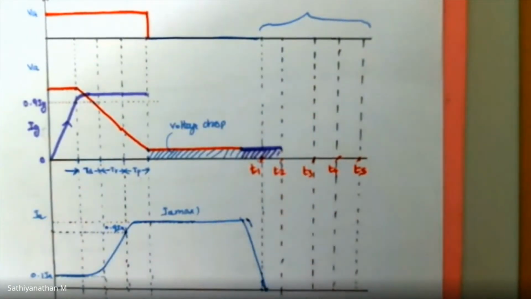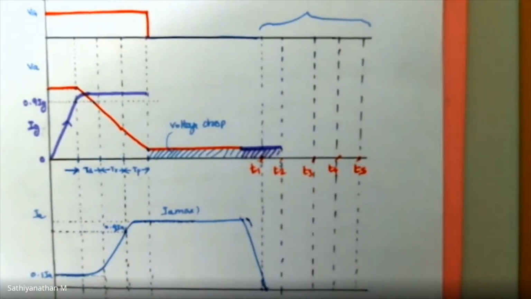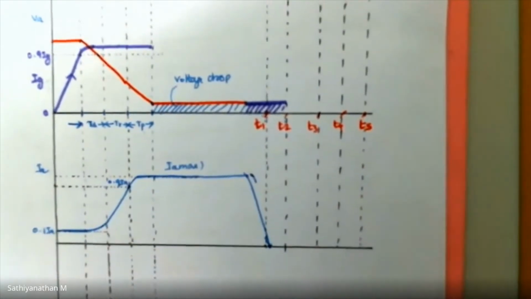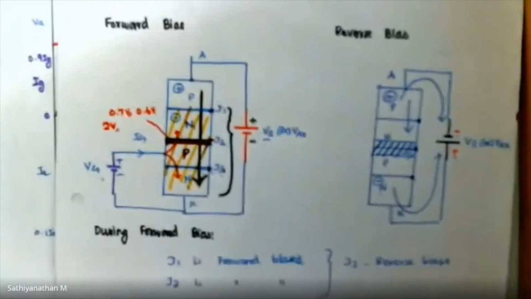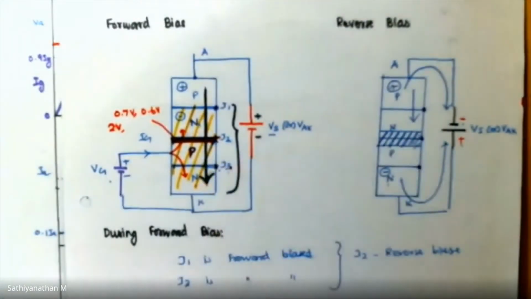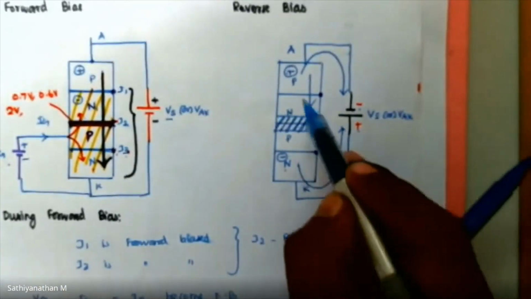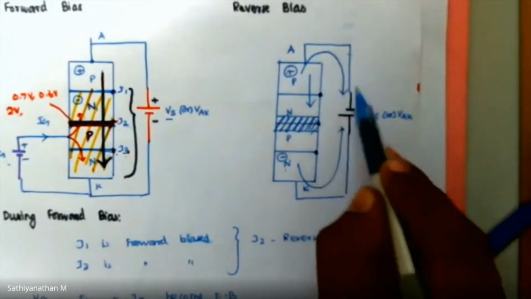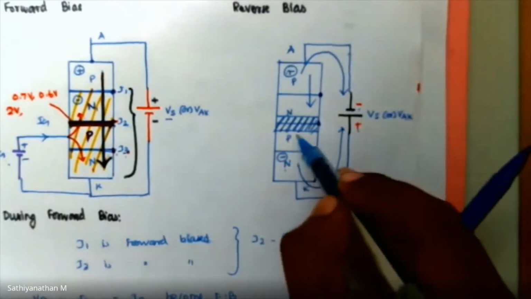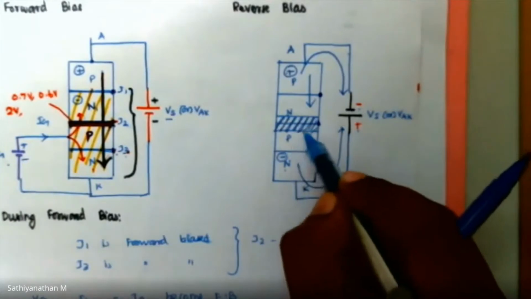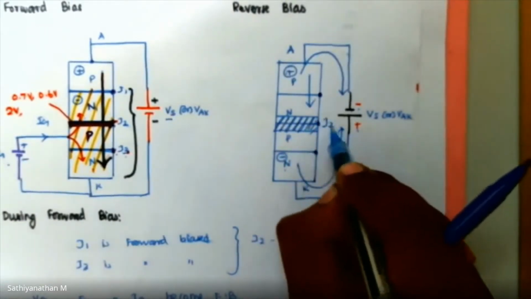there is a transition, because during T1 and T2 there are 4 layers in the SCR, PNPN. Now we have reversed the polarity. So the electrons and holes are attracted towards the negative and positive terminals of your supply, and the electrons and holes are neutralized at the depletion layer at junction J2.